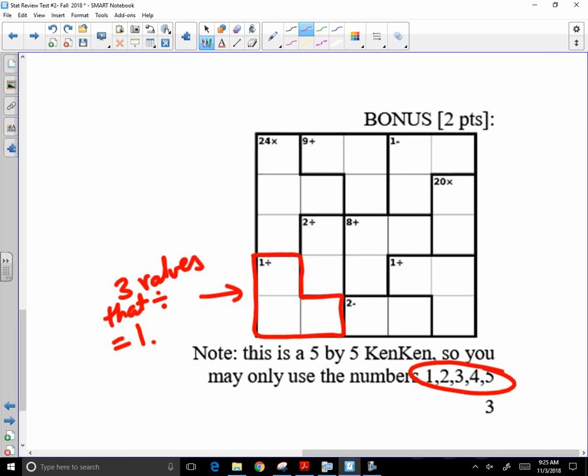So I now know that in this red area below, the 5's got to be in there somewhere. It's just a question of where. So maybe you make a little note about that, or maybe you just file that information away. But you can have the makings of a little mini conclusion. So I'm just going to say the 5 is going to be in there somewhere.